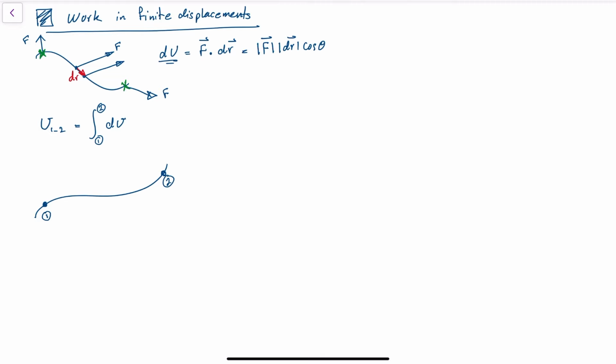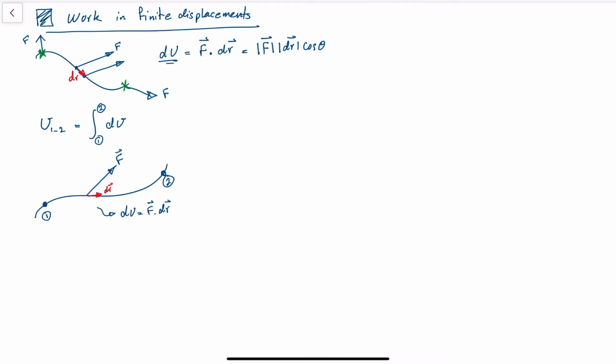Somewhere along the way, I have my force like this, and I'm moving in this direction. If you remember, at this instant that I have drawn, I have dU is F dot dr. Call this dr. But note that I'm moving along a path.